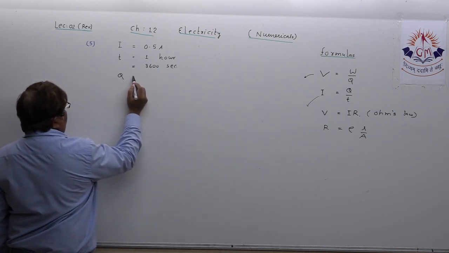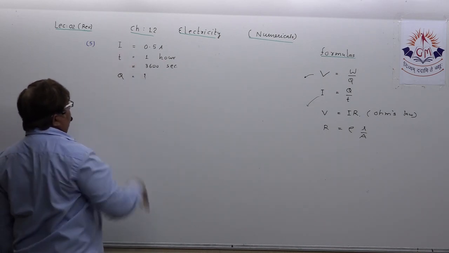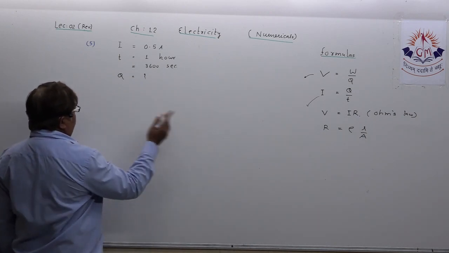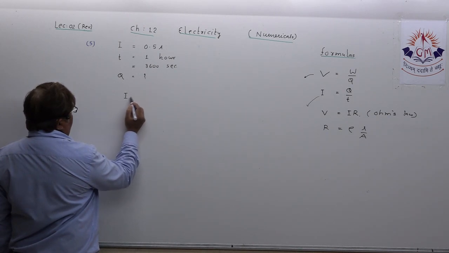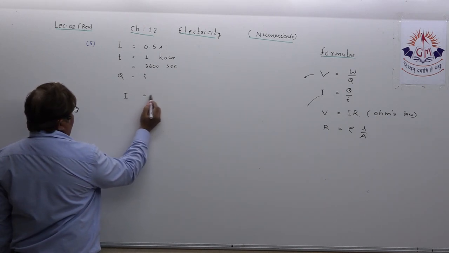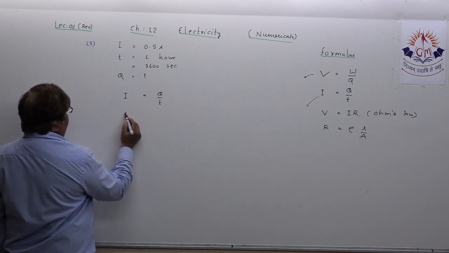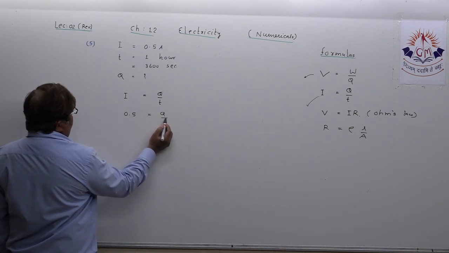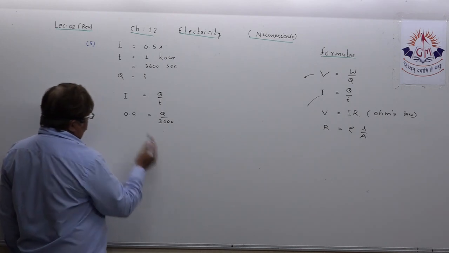Charge is what you are looking for. So by just seeing the data Q, I and T, you know the second formula is applicable here. I equals Q upon T. 0.5 equals Q upon 3600.